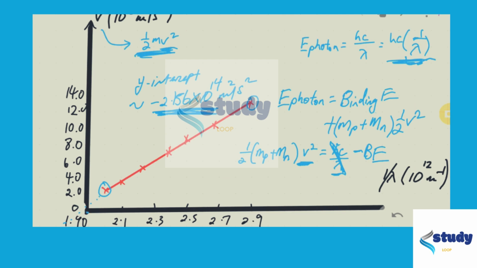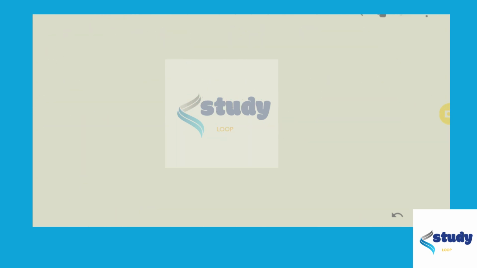So we get the mass of the proton plus the mass of the neutron multiplied by v squared.